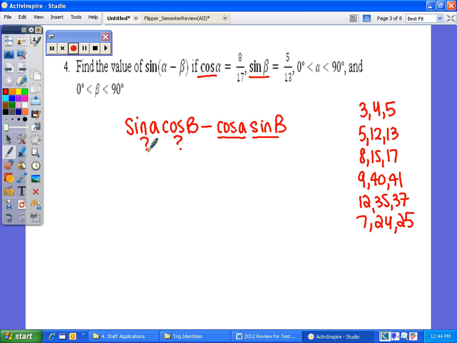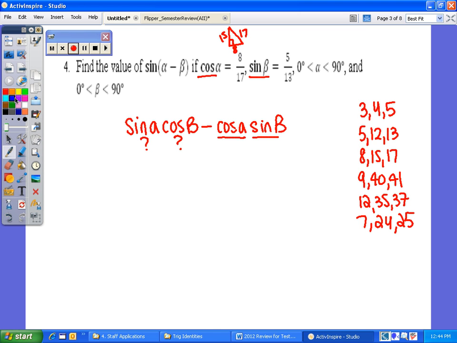In order to get those two, you have to use your triples. If cosine is 8 over 17, and cosine is adjacent over hypotenuse, looking at our triples, we know that this must be 15.